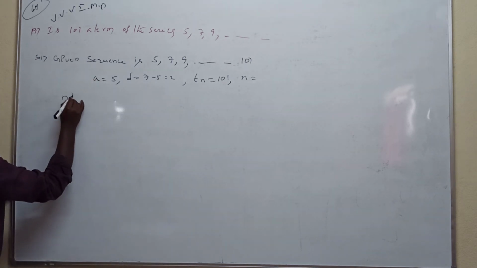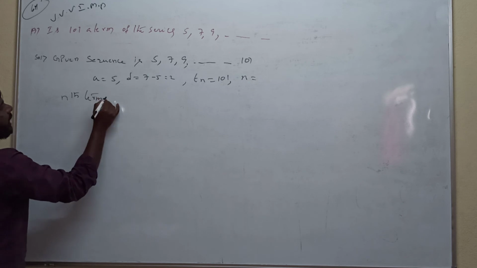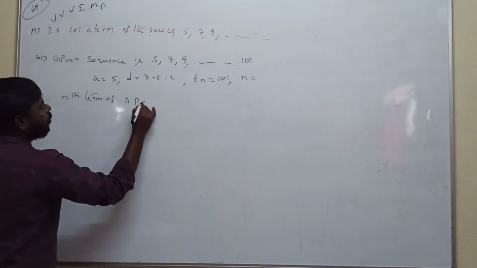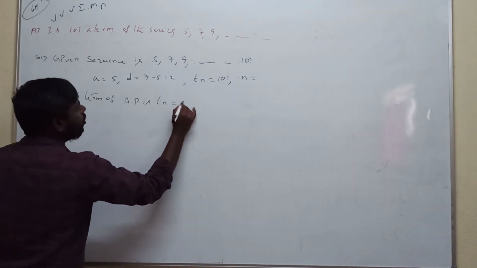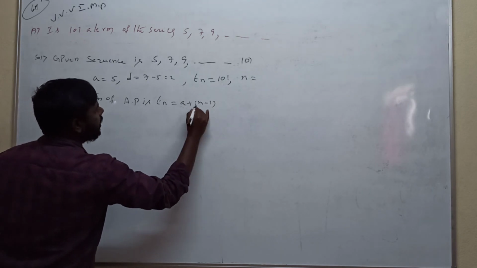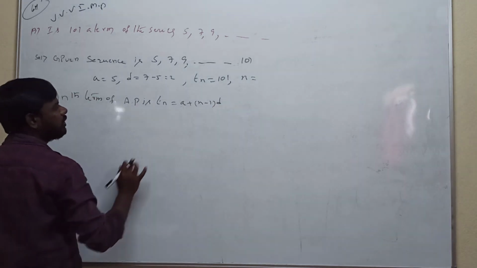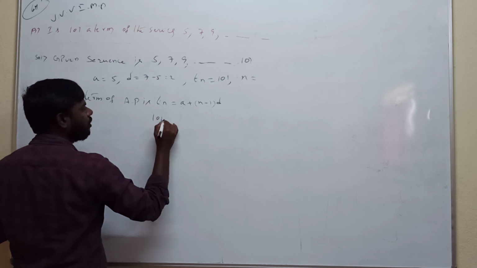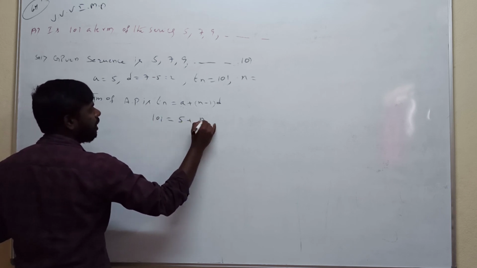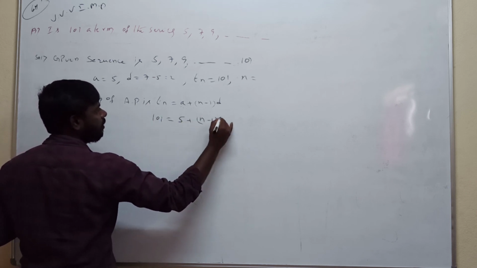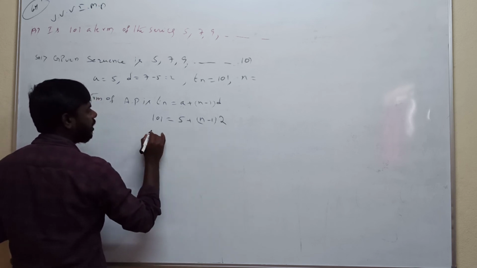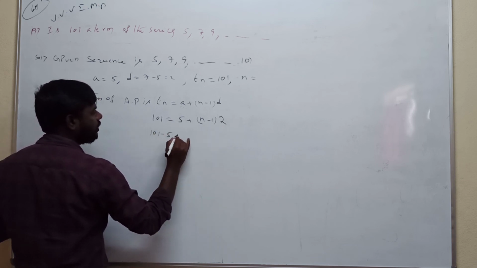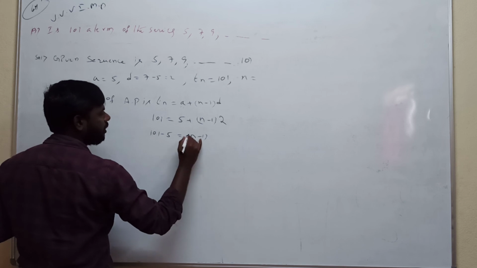So now applying the nth term of an arithmetic progression: t n is equal to a plus n minus 1 into d. Substitute all the values. The nth term value is 101, a value is 5, n value we don't know so we write it as it is, d value is 2. Now simplify. Take 5 to the left hand side: 101 minus 5 is equal to n minus 1 into 2.